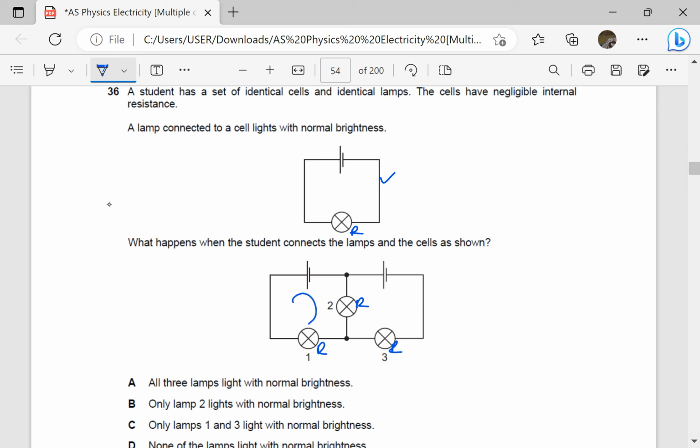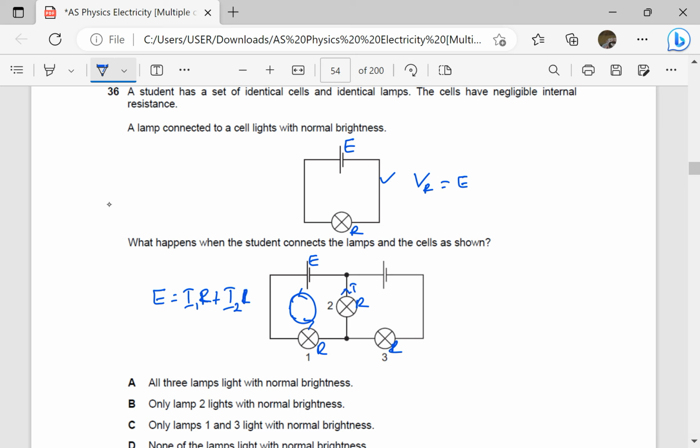assuming they're identical. If I use Kirchhoff's laws here, let's say the e.m.f of this is E. So the PD across R was the same as e.m.f. So here the sum of the e.m.f's is E, and the sum of PDs will be the current I1 times R plus the current I2 times R. Let's say the current here is I2.